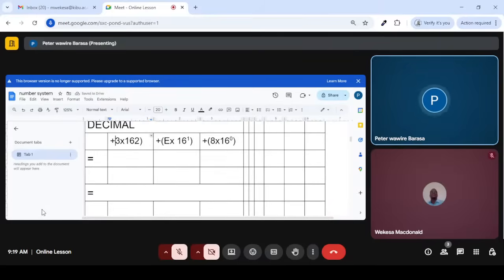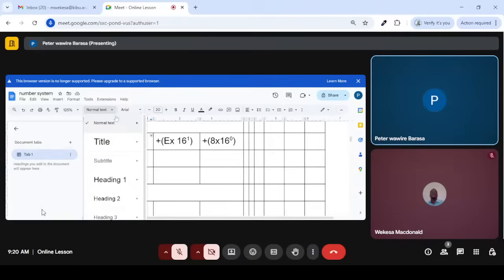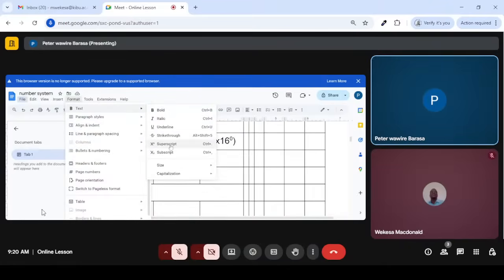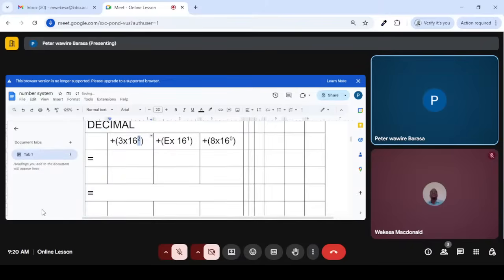Now you multiply by 16 power 2. Then it will be 0 times 16 power 3.